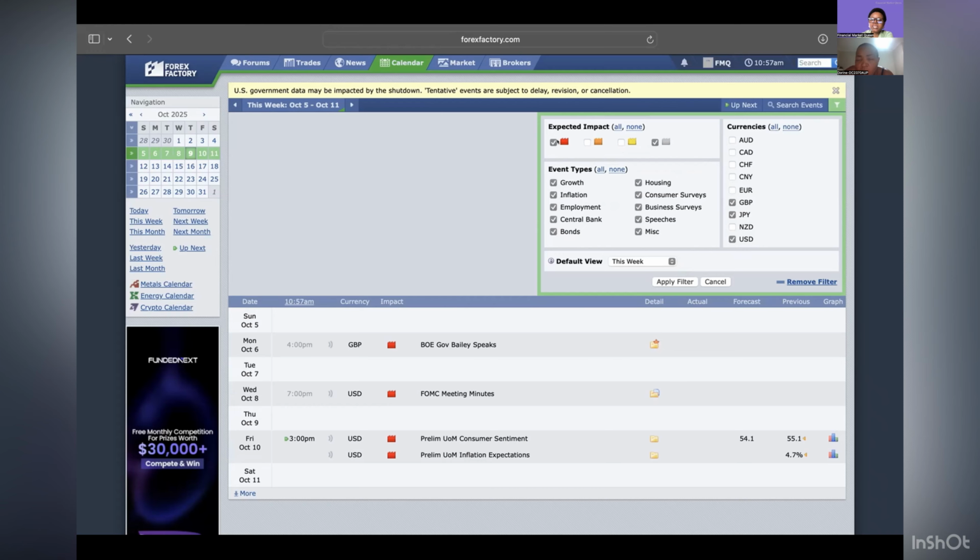The red means any news with a red box has a very great impact, such as non-farm payroll, NFP, and CPI, the Consumer Price Index. Where you have event types, all the boxes are ticked. Then apply your filter.